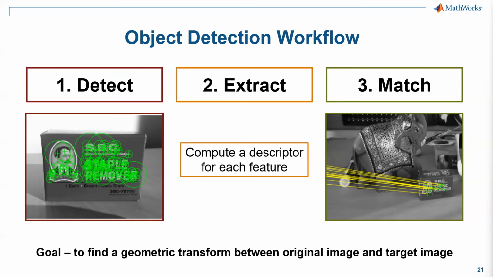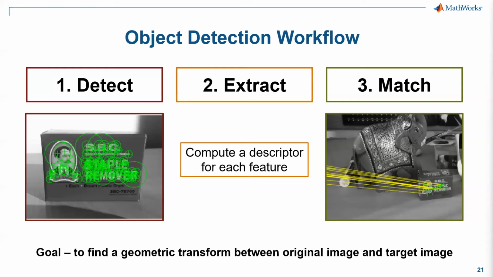Extracting features means to compute a descriptor, which is a representation of a feature. This is usually some additional information derived from the local region around the feature that was detected in step 1. Finally, matching features means to find corresponding feature points between two images. With enough feature points, you can possibly detect a whole object.